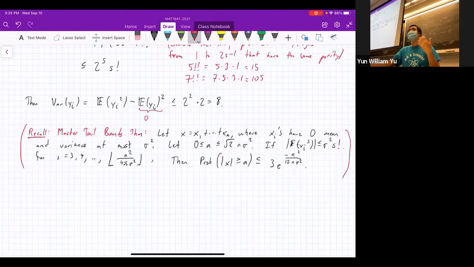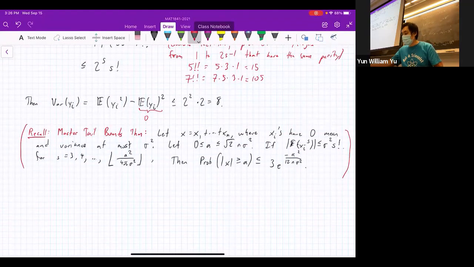So are the yi's zero-centered? Yeah, and we have some bound on sigma squared, right? So what is sigma squared? What would we use for that? Yeah, so just 8, because sigma squared is the variance. So variance at most 8.